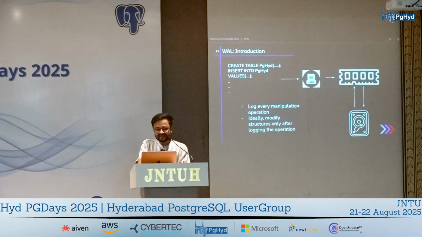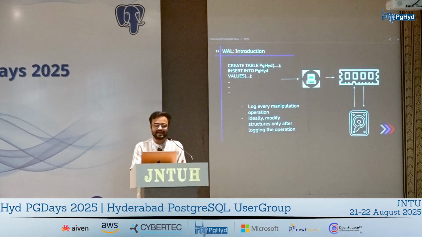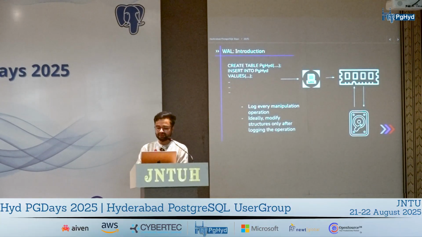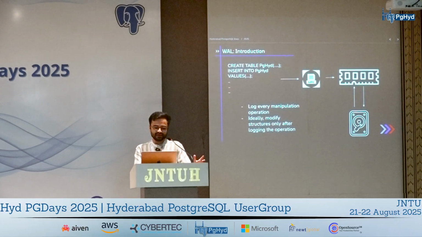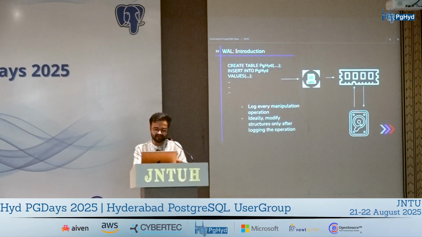So in this case, what Postgres does is that it maintains a log of all the operations that you want to perform on the data that you have stored. As I said earlier, before you execute any query, it is logged, and after logging that query, we actually go ahead and modify the pages that we have brought into memory.